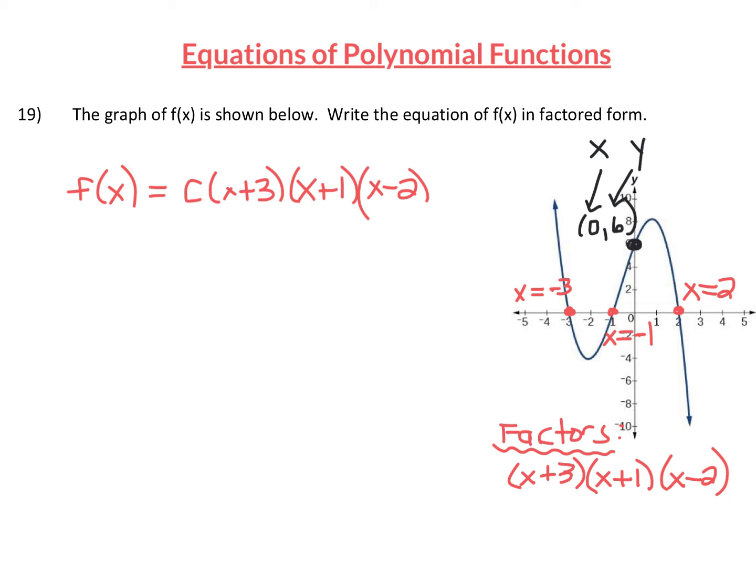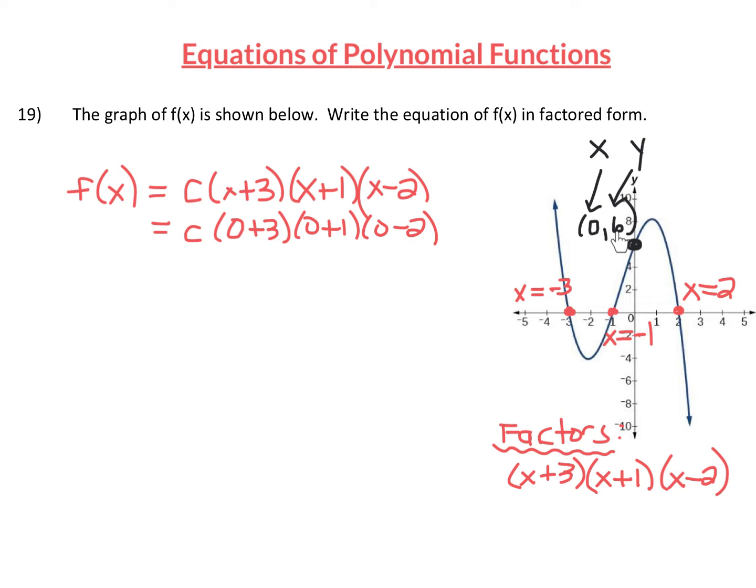Okay, so for right now, we're solving for c, so I'm going to leave that as a c. I'm going to write 0 plus 3, 0 plus 1, and 0 minus 2. Because again, since x is 0, I'm replacing all the x's with zeros. Now here it says y is 6, right?